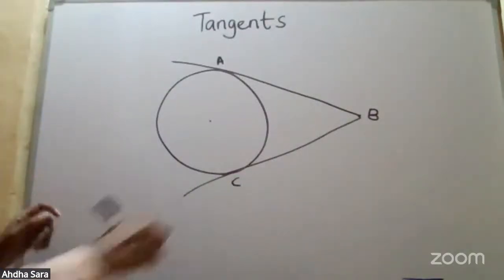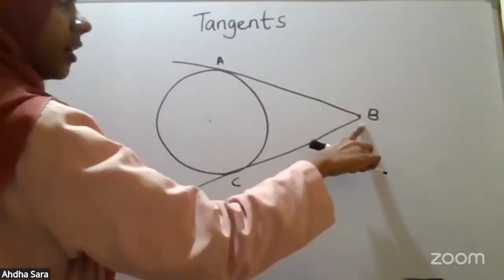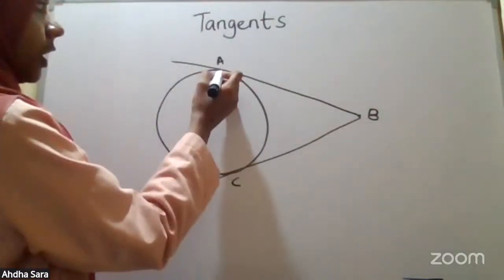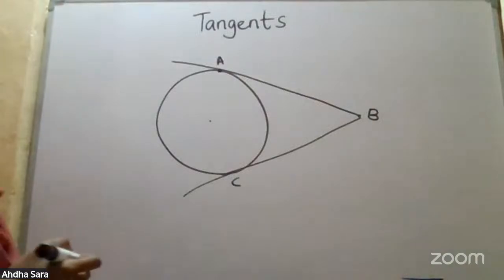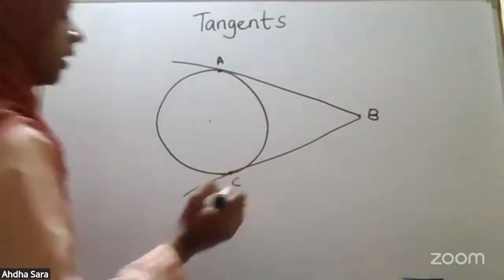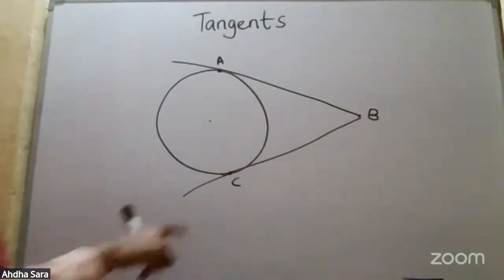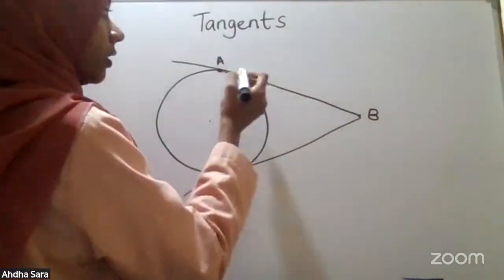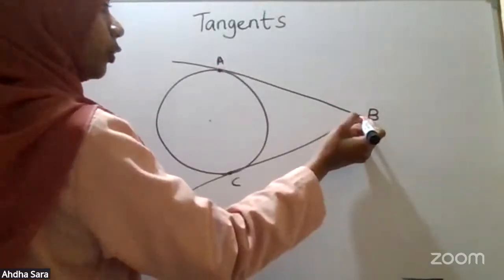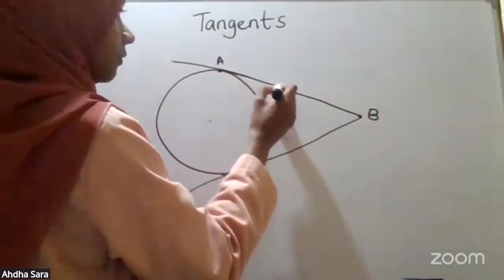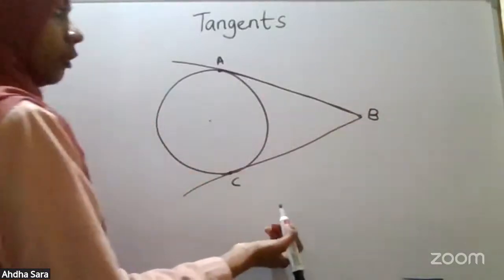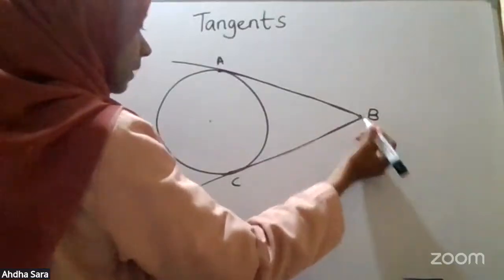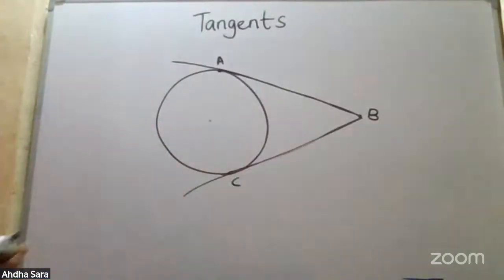You have drawn two tangents that start from point B, one tangent that meets the circle at point A and another that meets the circle at point C. Now the length of AB and the length of BC will be equal.